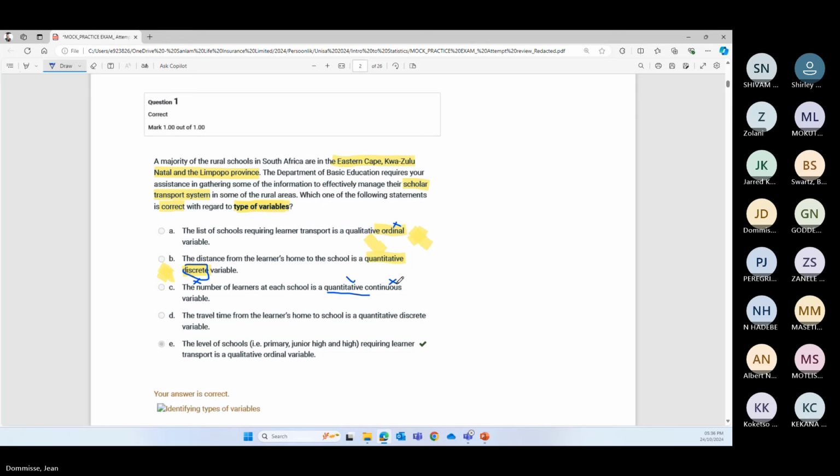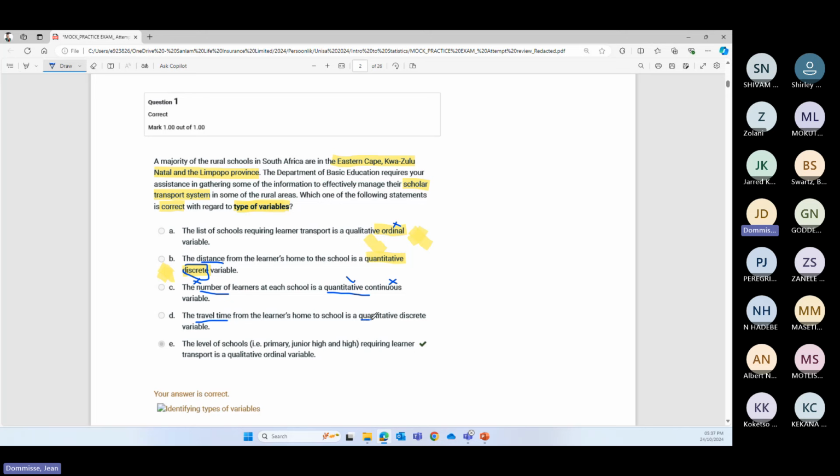But the number of learners is discrete. Okay, so they've swapped those two around. So the number of learners is quantitative, yes, but it is discrete. Then travel time is very much like distance.